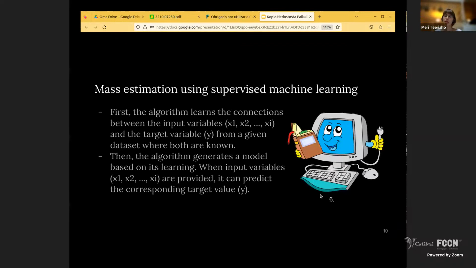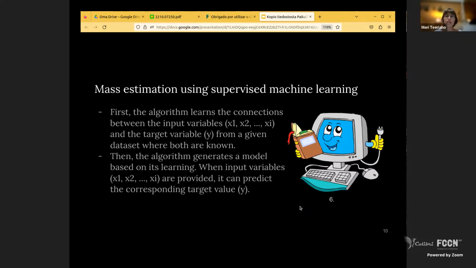So now when we have the data, we can start to look at the machine learning part. So we used supervised machine learning. And when you're using supervised machine learning, first the algorithm learns the connections between input variables and the target variable from a given data set where both are known.